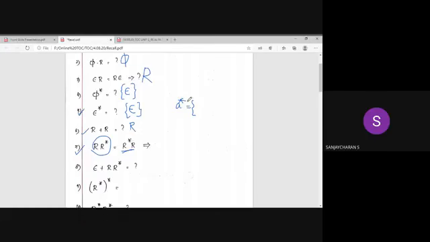Any number of A's, starting with epsilon, then A, and so on, infinite. So here R means A closure concatenated with R. What is the result? Same, except epsilon: A, AA and so on. This is also infinite.